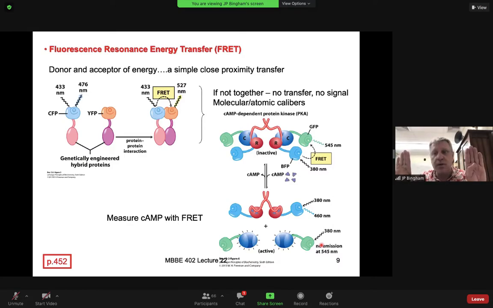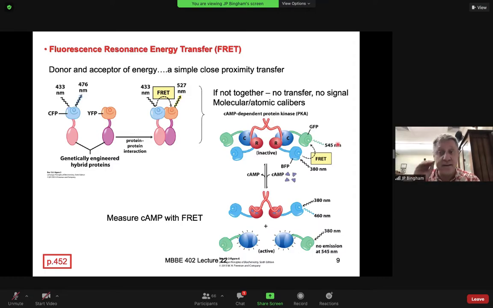And as you know, as we remove that cyclic AMP and degrade it, those regulatory sites come back into play with high affinity for the catalytic sites, and we'll bring them back together. And once they are back together and we shine light at 380 nanometers, we're going to then see the light emission at 545 nanometers.